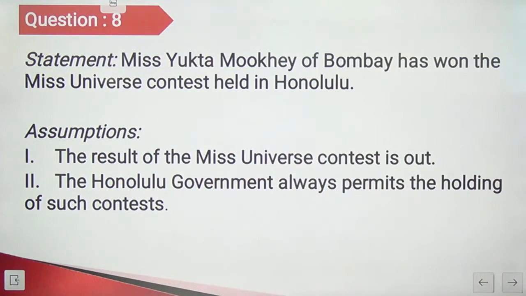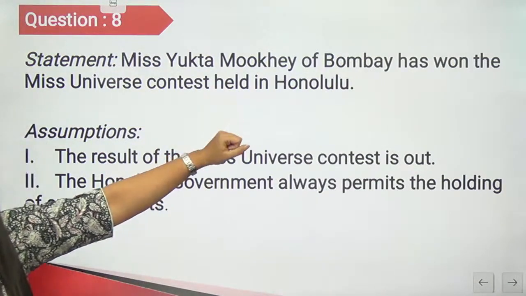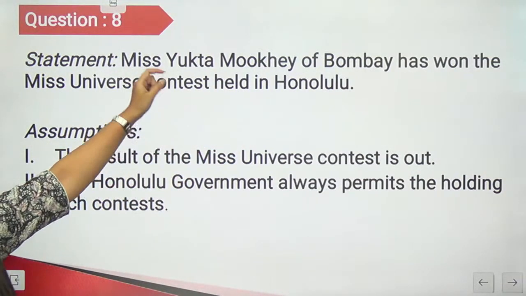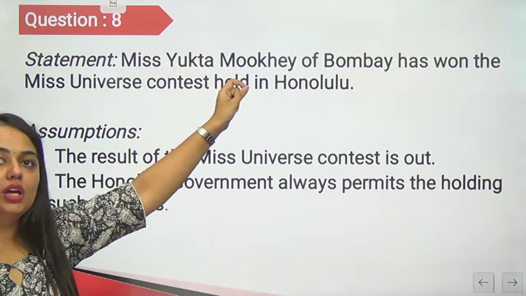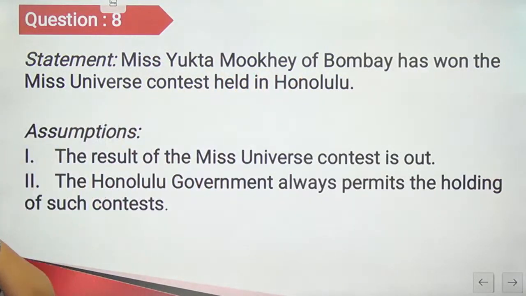Alright, have a look at this one. Miss Yukta Mukhe of Bombay has won the Miss Universe contest held in Honolulu. So, Honolulu, which is the capital of Hawaii, in this particular place, Miss Yukta Mukhe, who hails from Bombay, won the Miss Universe contest. So before issuing this statement, what could have been the assumptions by the author or the speaker?